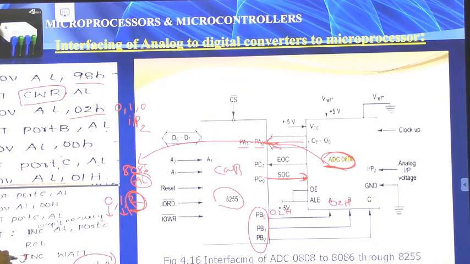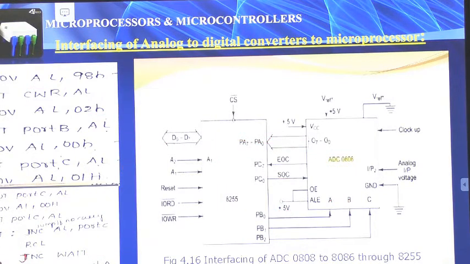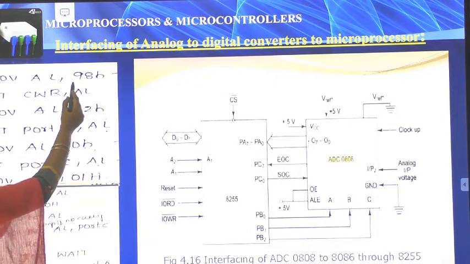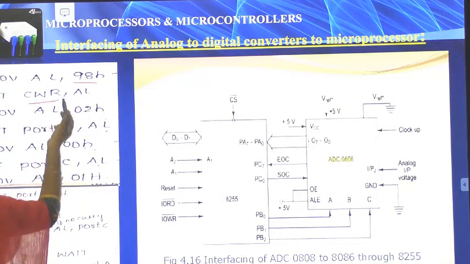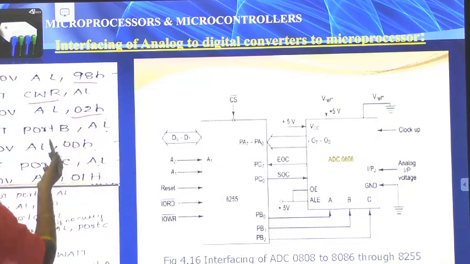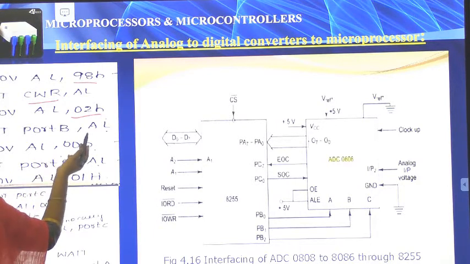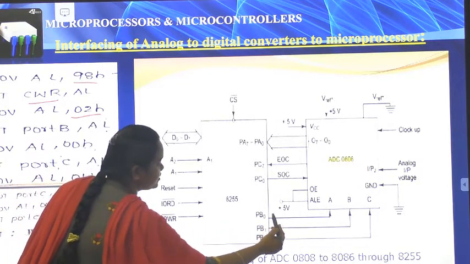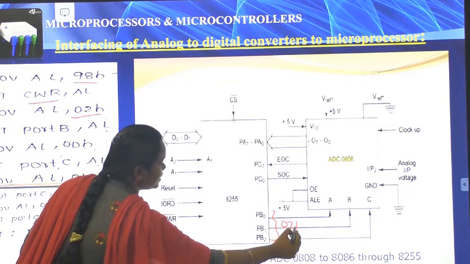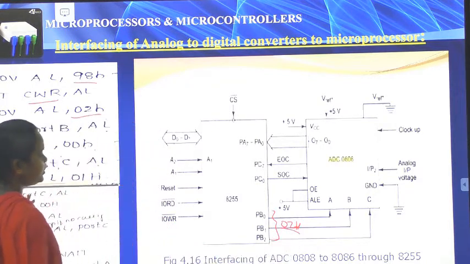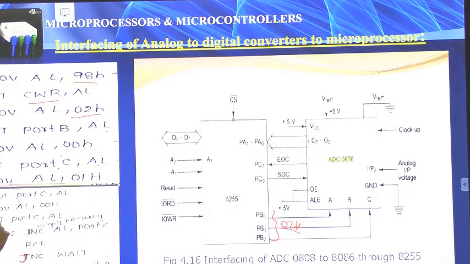So this is the process. See here, first of all, we are initializing the 8255 with the CWR register, and then the input is 02H, and it goes to the address lines 02H. Whenever it is up to 02H, that means 0, 1, 2, it will repeat the operation. If the 2 is ended, that means if there is no carry, it will rotate through carry.